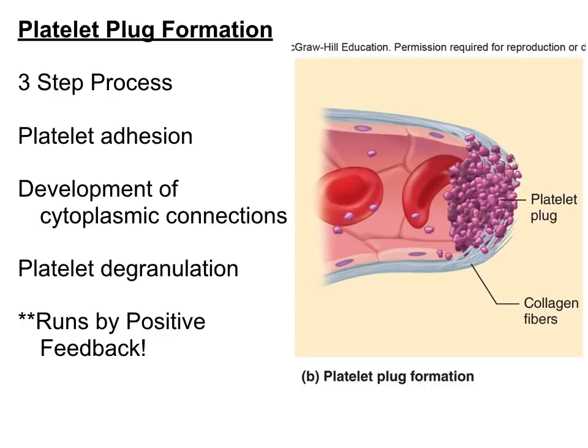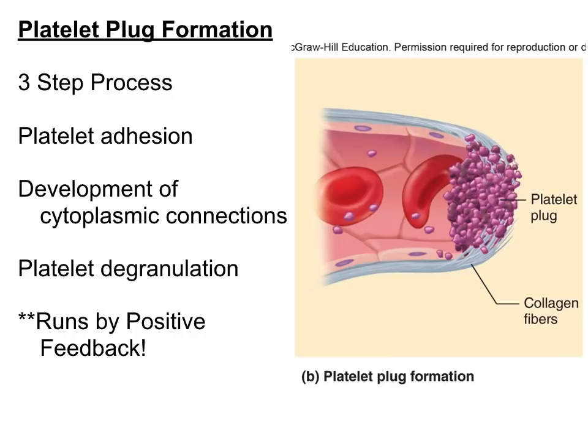And those new platelets undergo degranulation, releasing their chemicals into the environment, including ADP. That ADP then encourages more platelets to adhere, making your platelet plug a little bit bigger. They develop their cytoplasmic connections, they undergo degranulation, more ADP gets released.